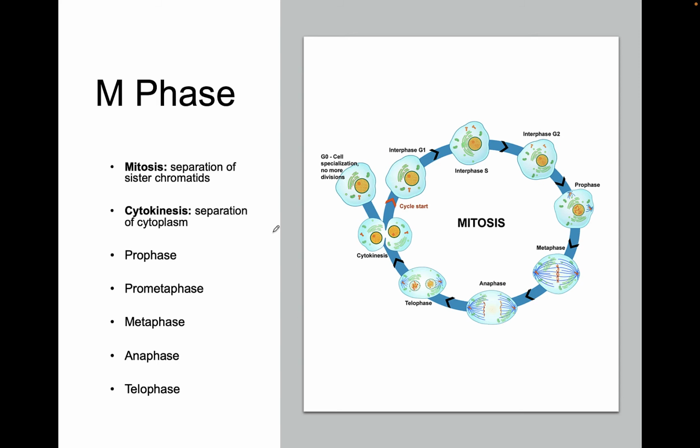If the cell doesn't go through the S phase, then the M phase cannot occur because we'll have an abnormal amount of genetic information. So in the M phase, the separation of the sister chromatids is a critical process that results in a complete set of genetic information for the resulting cells that are produced at the end of mitosis.